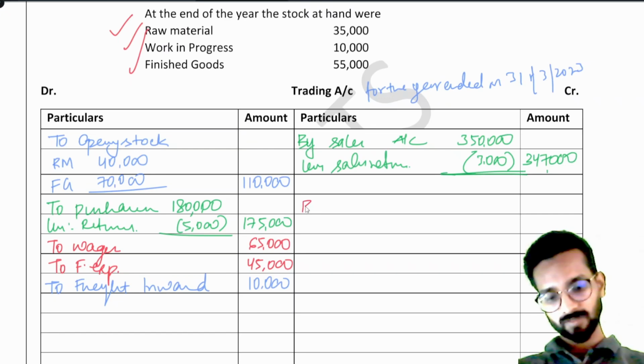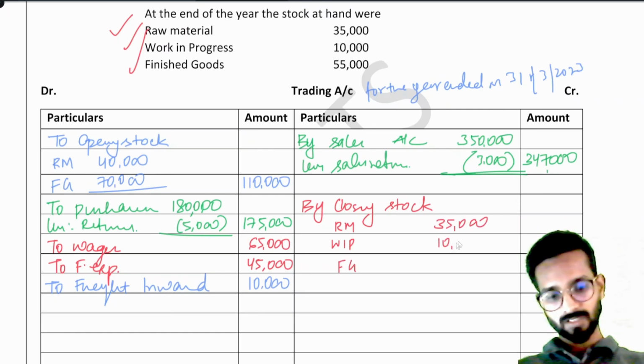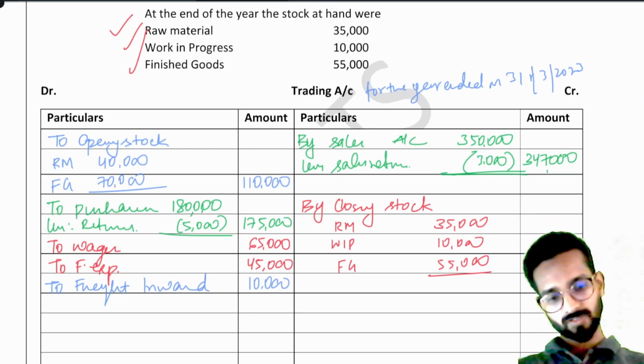You will write here by closing stock. How much is the closing stock? RM, WIP, finished goods. 35,000, 10,000 and 55,000. Okay, so the total is 1 lakh. 1 lakh is your total.